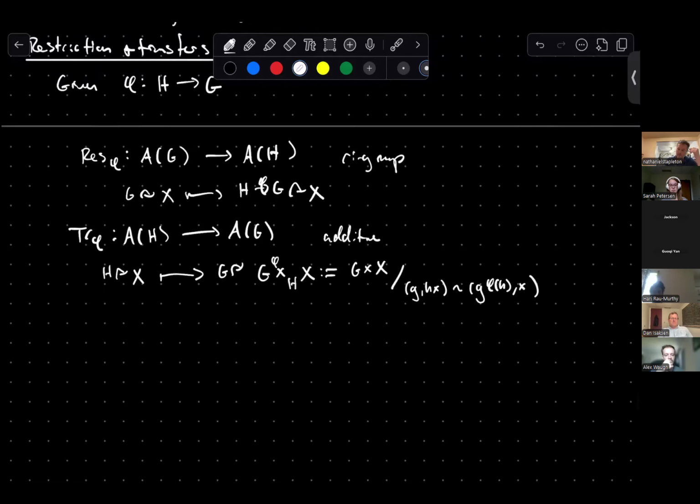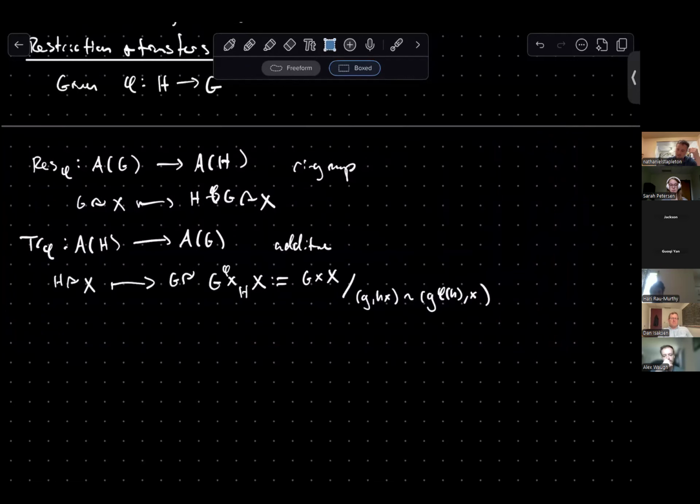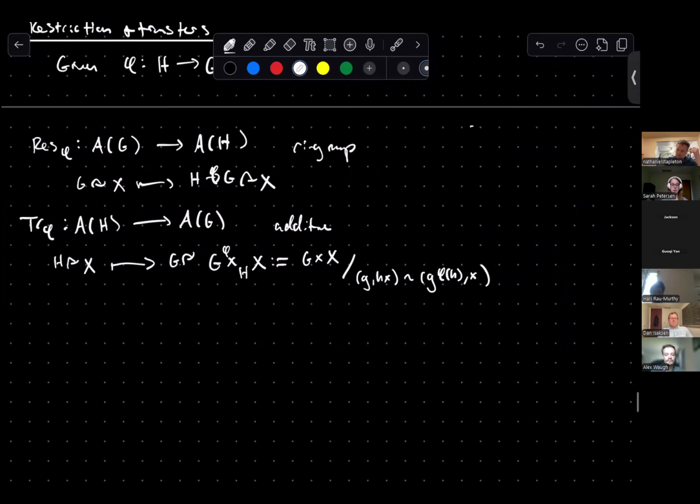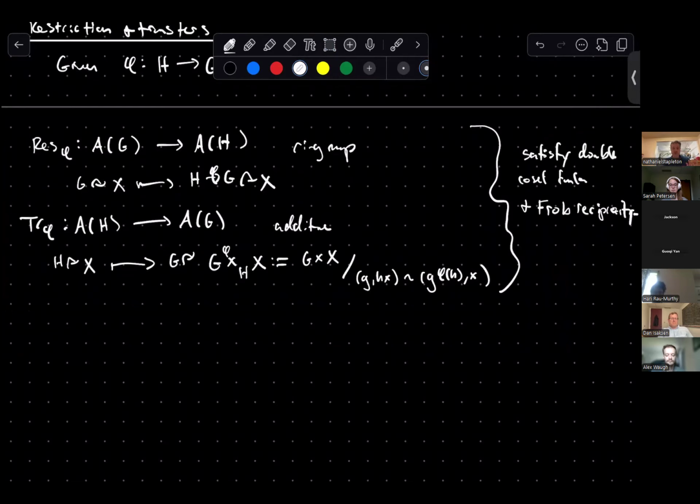And I'm going to do some examples of this transfer map, but I do want to just state that this structure satisfies the double coset formula and Frobenius reciprocity. So this endows the Burnside ring with the structure of a global Green functor.